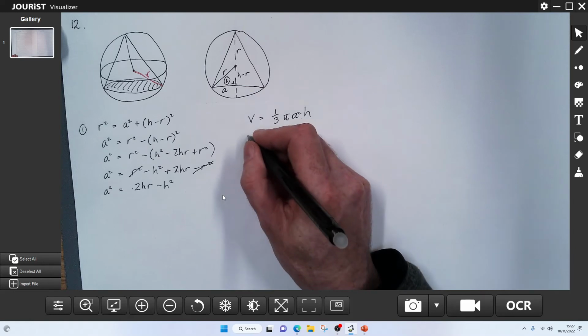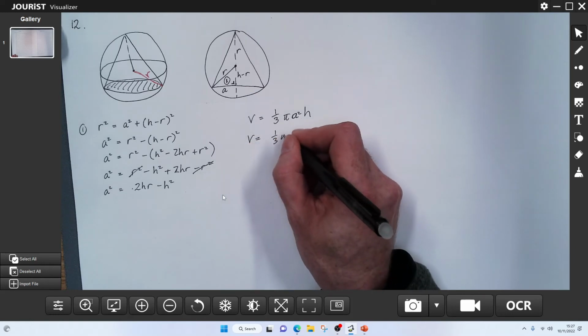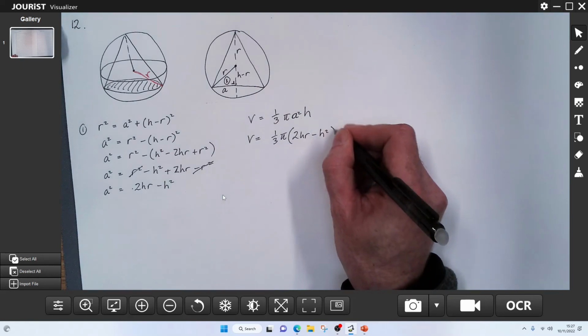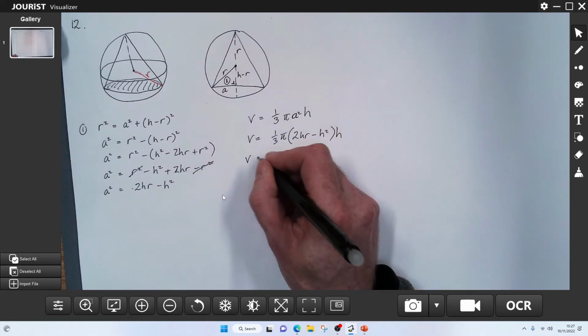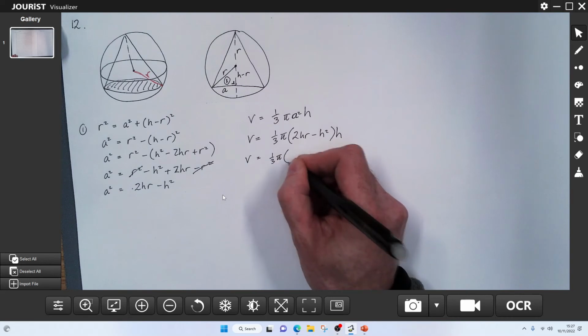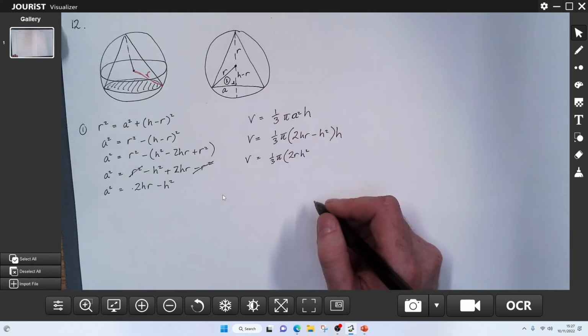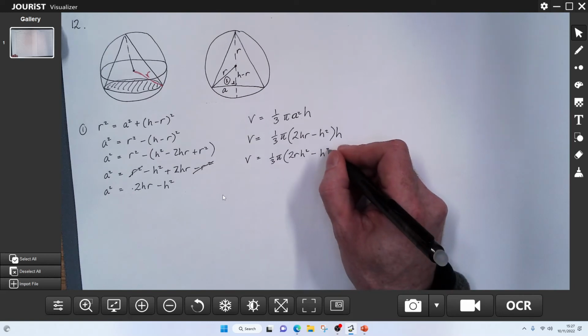So V is one third pi times (2hr minus h squared) times h. So V equals one third pi times (2rh squared minus h cubed).